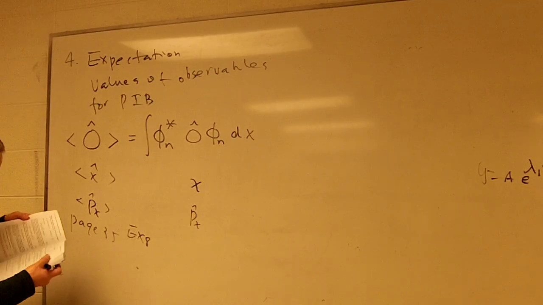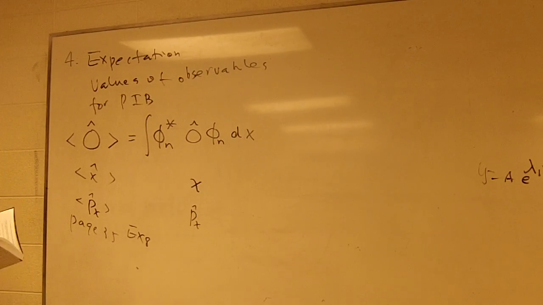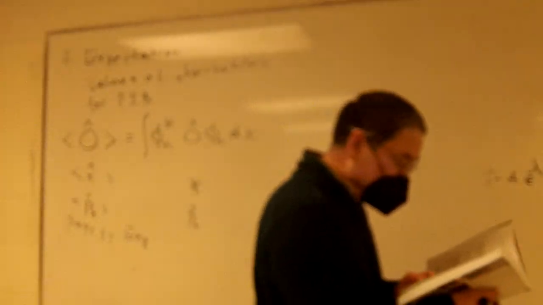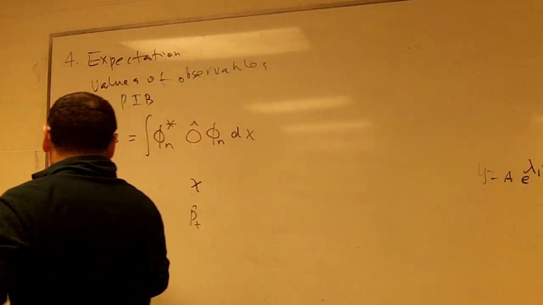Okay. So that's example 8, expectation values of position and momentum. So that's what I'm talking about. I'll give you 3 minutes to read it. So that's how we do the calculation. Example 8, 3 minutes. I'll check on you guys.